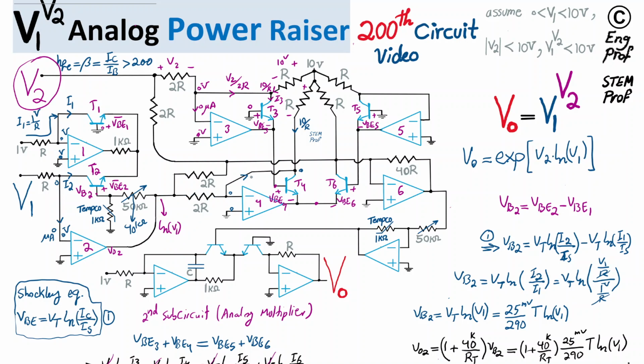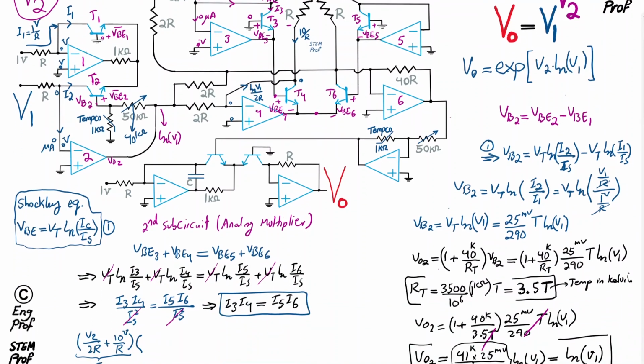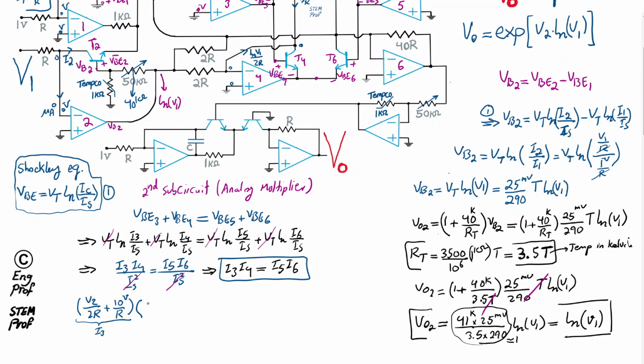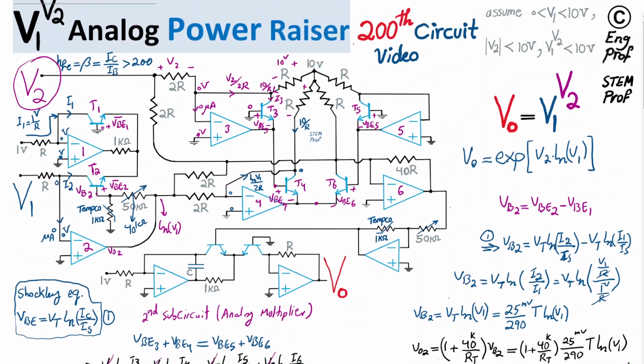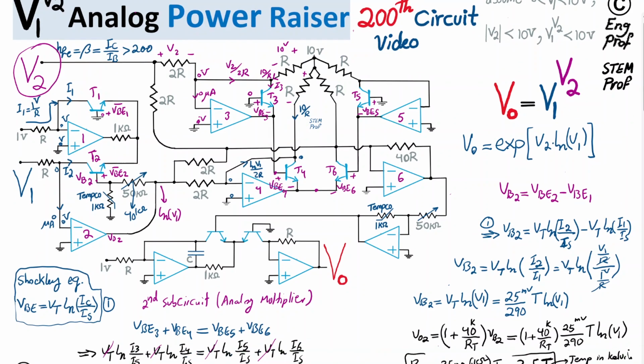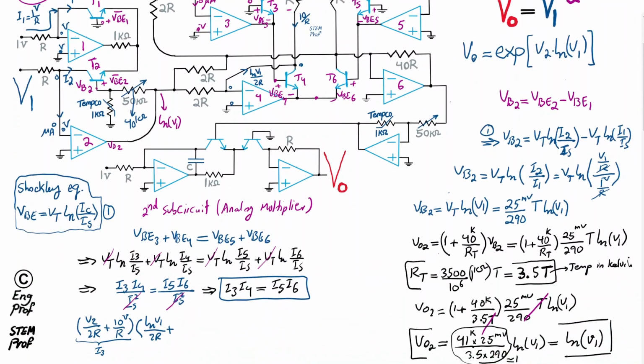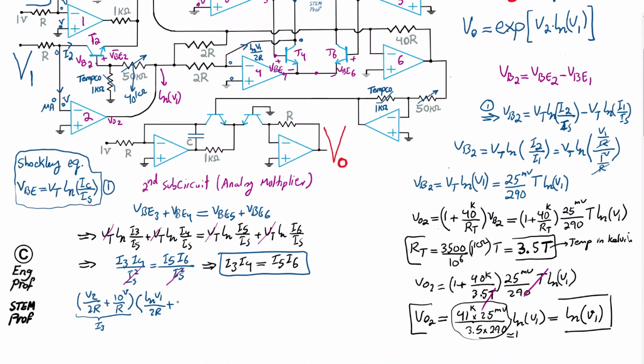Therefore, this current is ln V1 divided by 2R. So I'm going to write ln V1 divided by 2R plus, and as I said, the other contributing factor is just 10 divided by R. There is no other one contributing to this node. So that's I4.